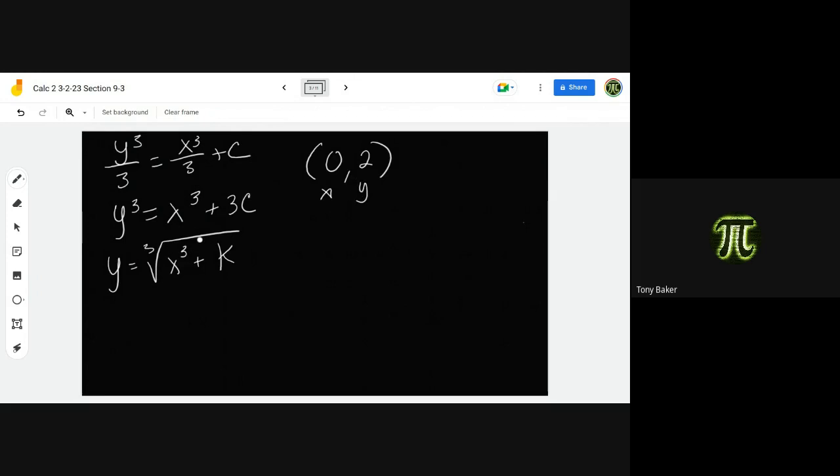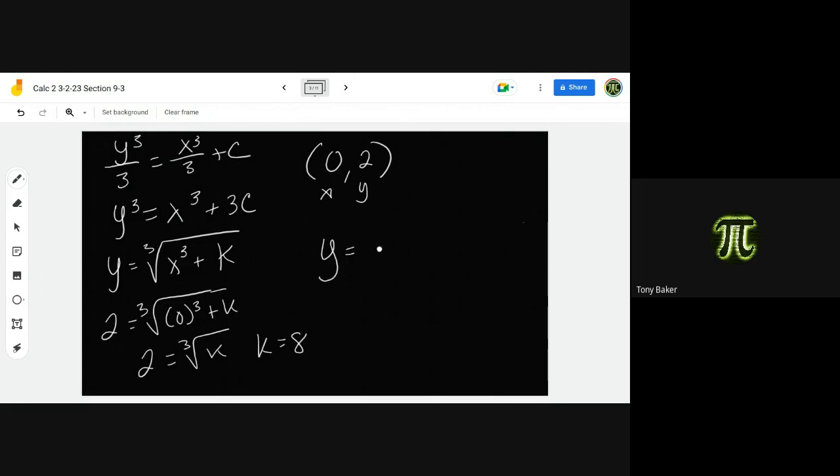So we're going to plug that in and solve for k. So y is 2, the cubed root of 0 to the third plus k. So 2 equals the third root of k. What do I have to do to get rid of the third root? Cube both sides. So the cube of 2 is 8. So k equals 8.